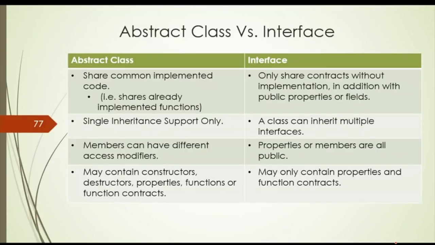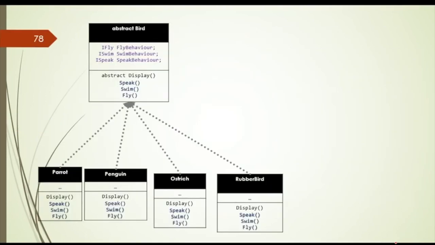And if you remember from the abstract class versus interface discussion, the solution exists. The solution can be found by analyzing the problem or doing something differently. So here, in the properties, we are saying that the abstract class should also have iFly behavior, iSwim behavior, or speak behavior as well.